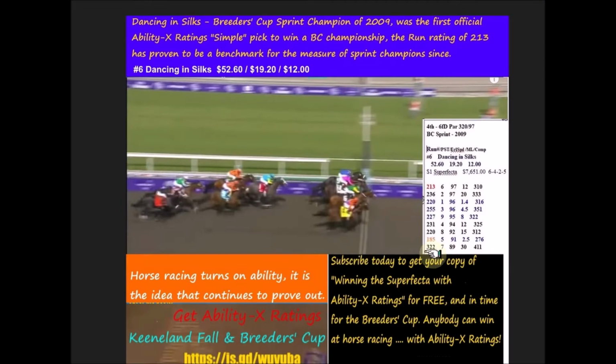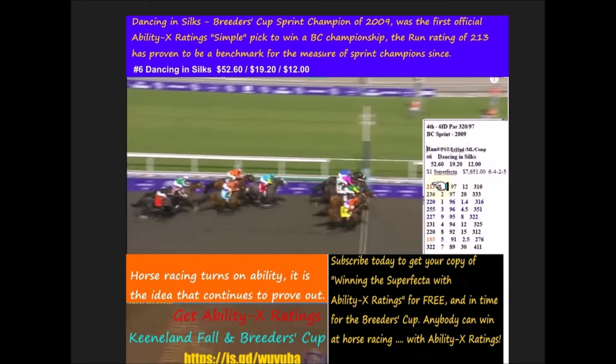Oh yeah, here is what we want to look at. Dancing in Silks, the Breeders' Cup Sprint Champion of 2009, was the first official Ability X rating simple pick to win a BC championship. The run rating of 213 has been proven to be a benchmark for the measure of sprint champions since. And there you see it.